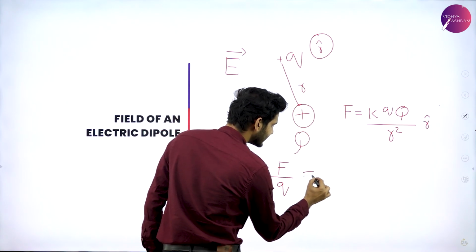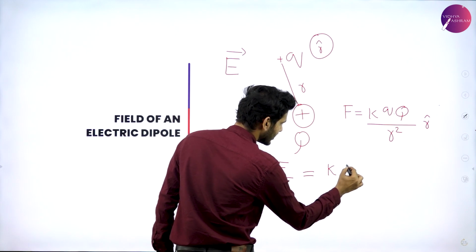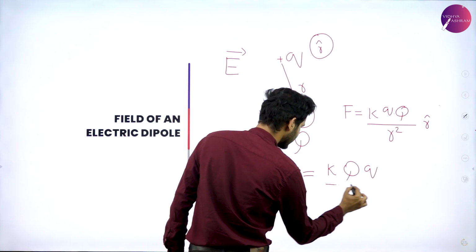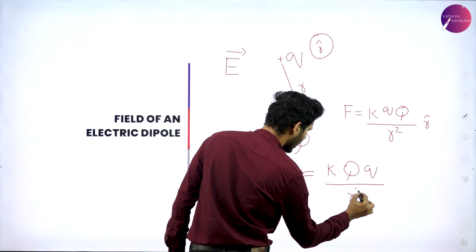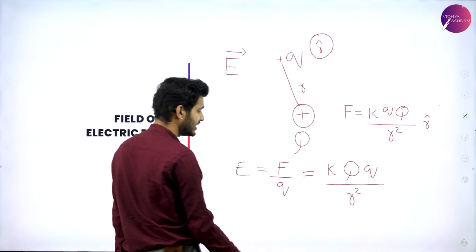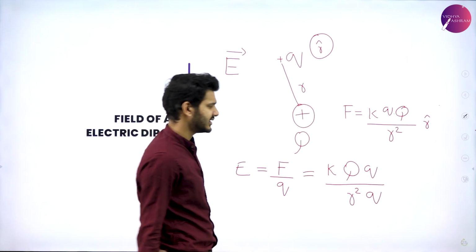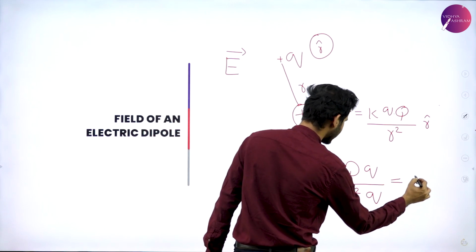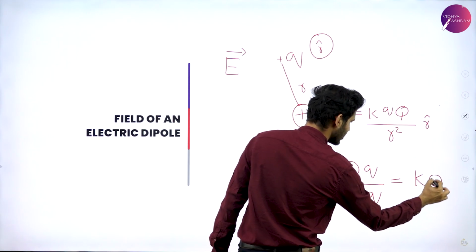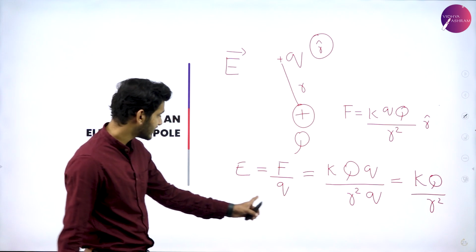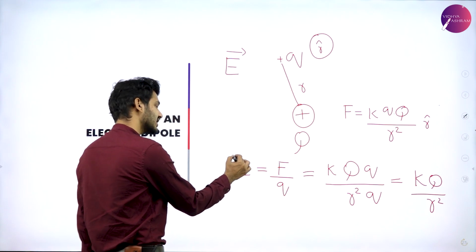So we can write this as K Q small q divided by R square, and the q that was already there. You can see that the q's cancel each other out, and we can simply write K Q divided by R square, which is the equation for electric field.